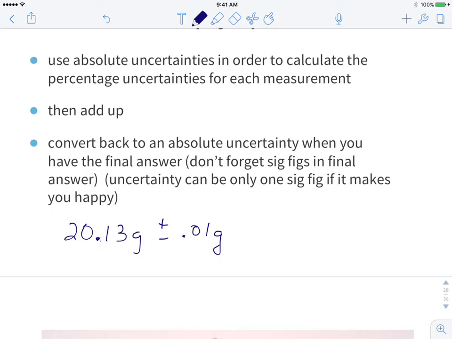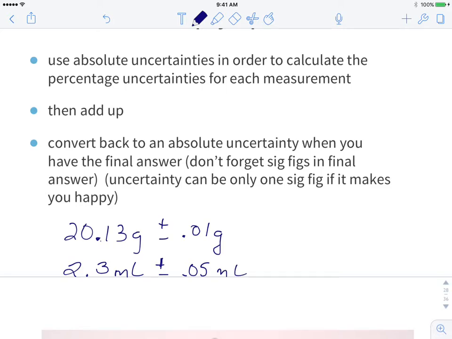And then you measured the volume of it, in milliliters, and you had a volume of, let's say, 2.3 milliliters plus or minus 0.05 milliliters.